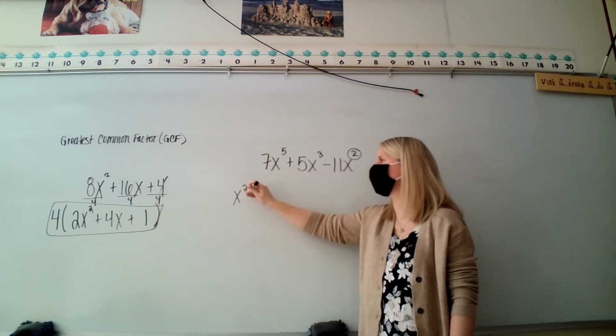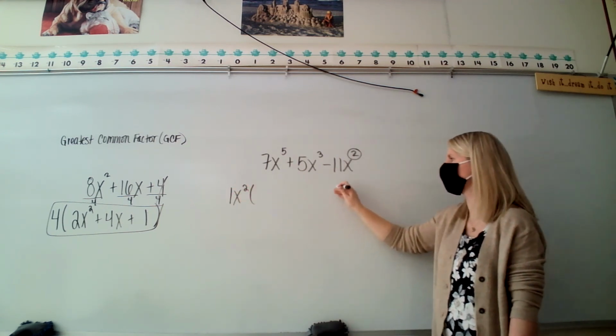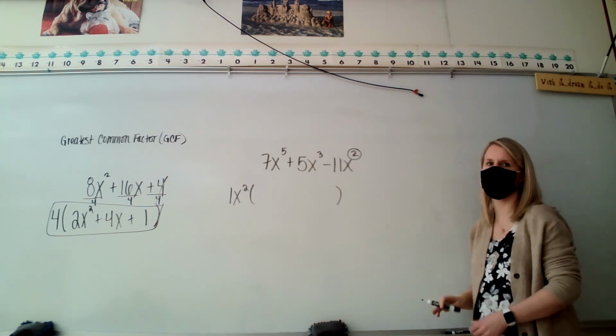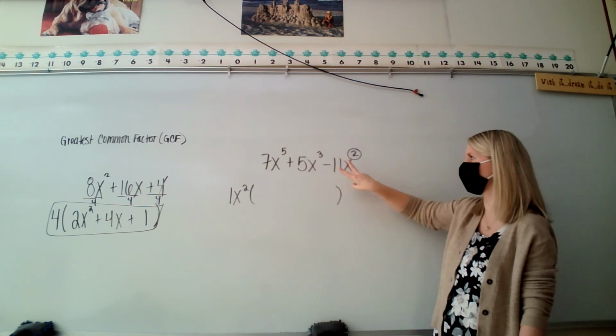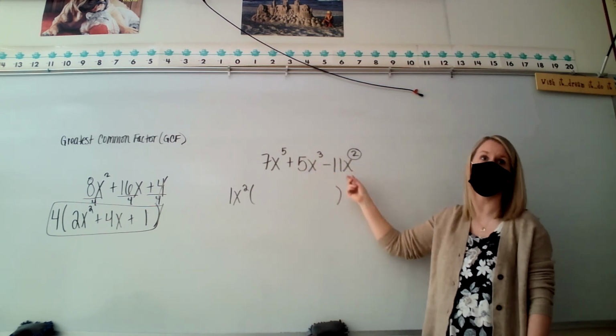So my GCF, if you want to throw 1 in front of here, is 1x squared. The reason being, this has 5 x's, this has 3 x's, and this has 2 x's, so they all have at least 2 x's.